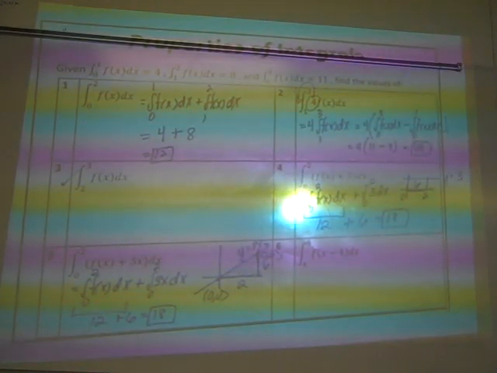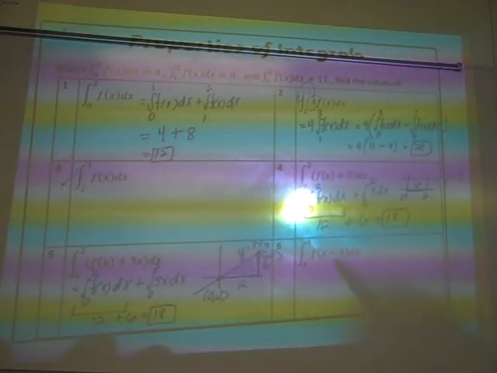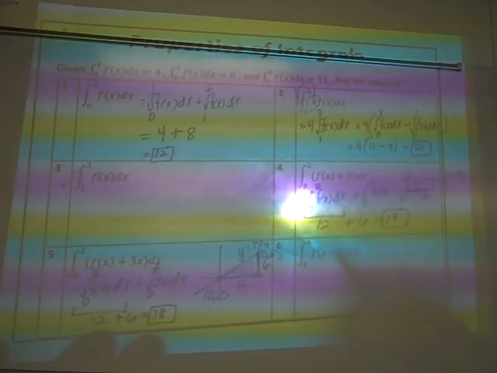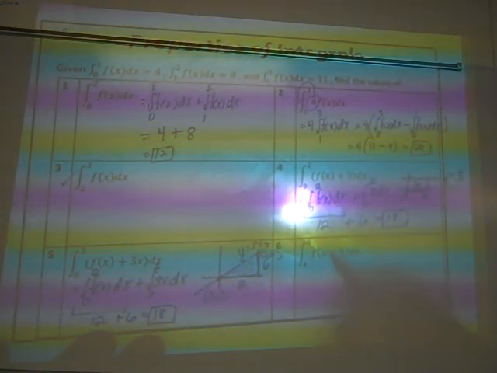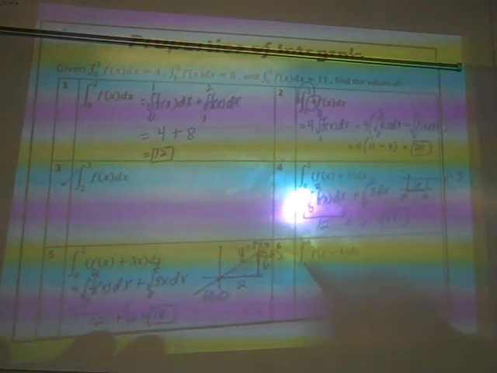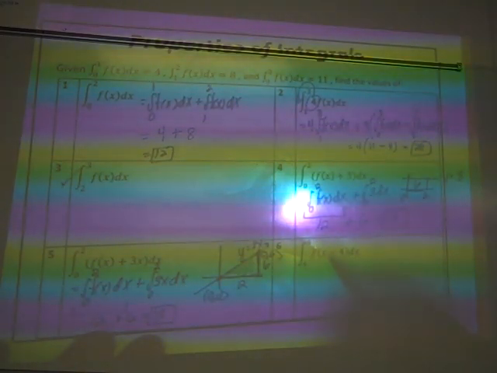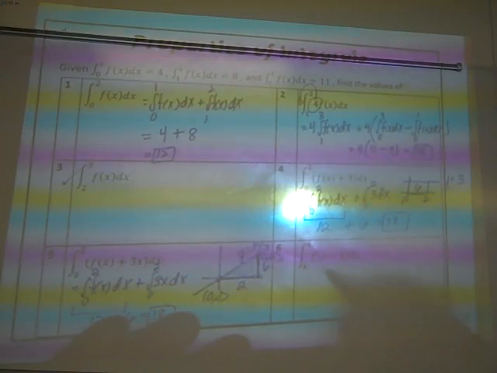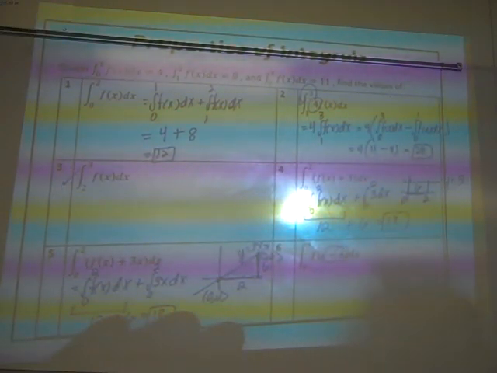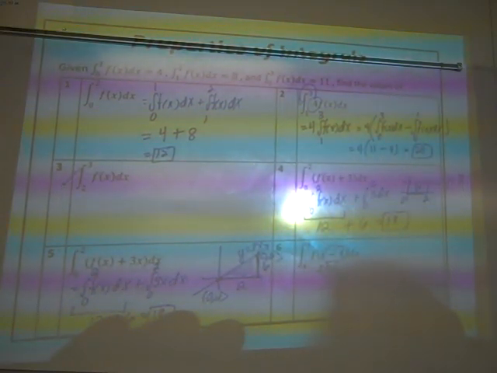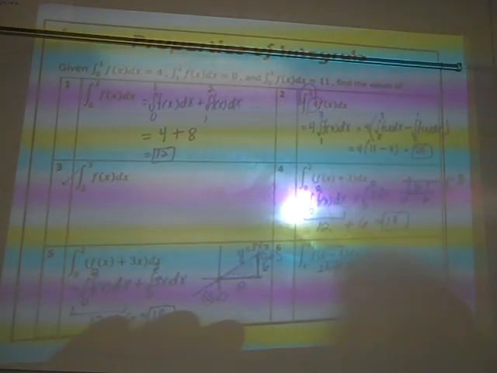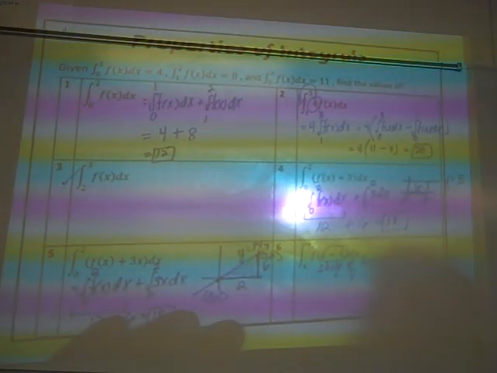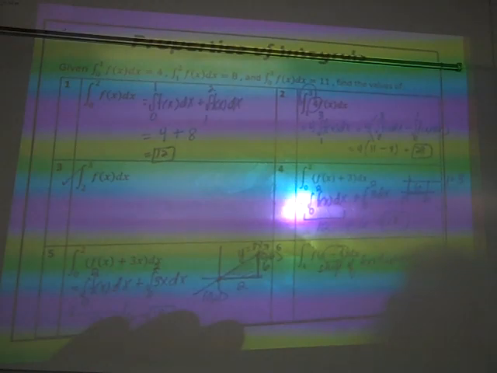Okay, so now let's look at number 6, and I hope to do this one well. I want the definite integral from 4 to 6 of the function f of x minus 4. Now, way back in Algebra 2 and in pre-calculus, we learned that this is just a shift of f of x 4 spaces to the right.